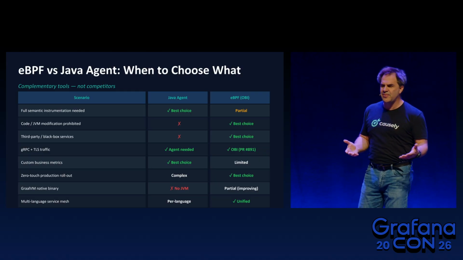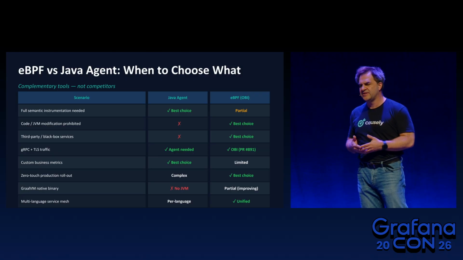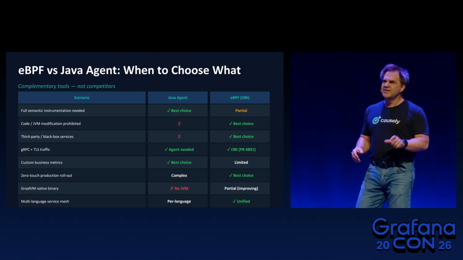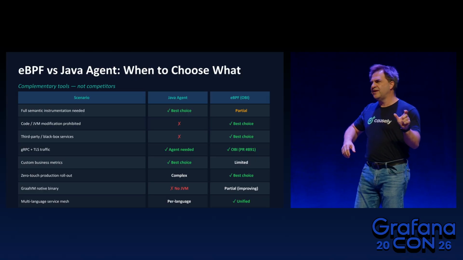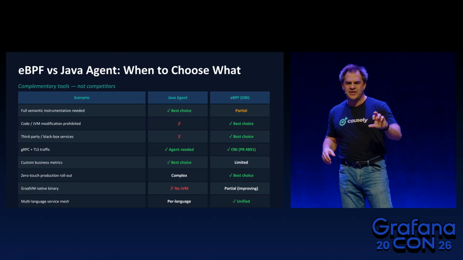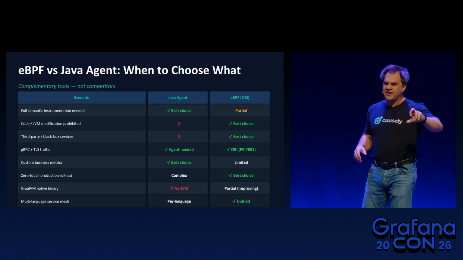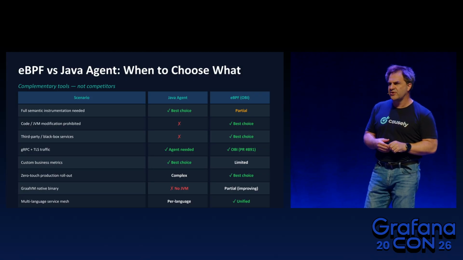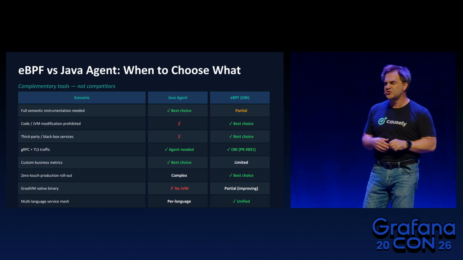What practically happens in most of our customer cases is that we roll out Beyla everywhere, and then they say, well, this particular application I can instrument better, either because it's too chatty or because there are specific business metrics or communications I want to instrument.